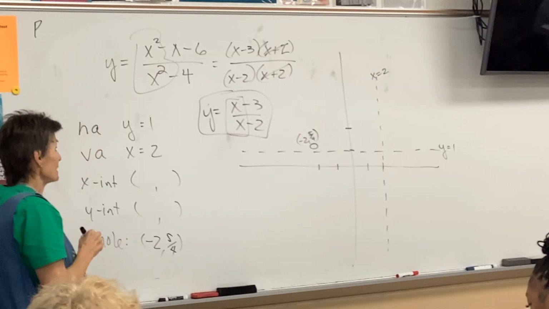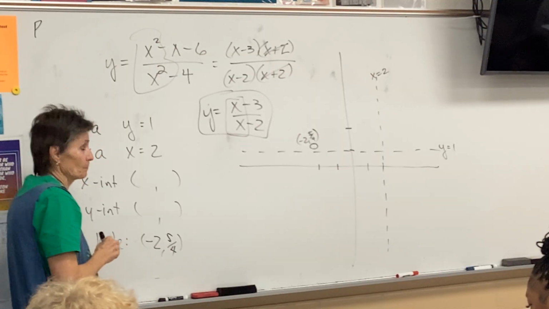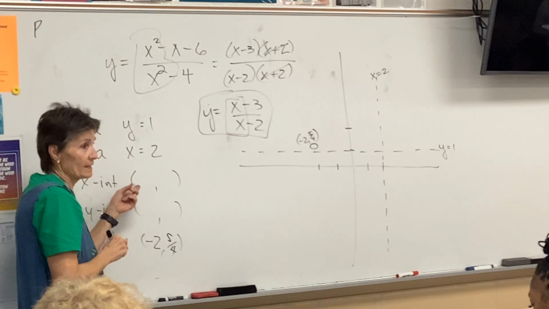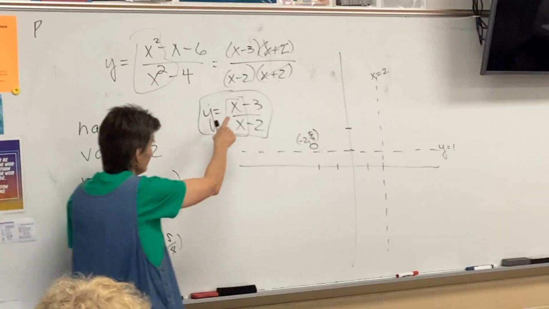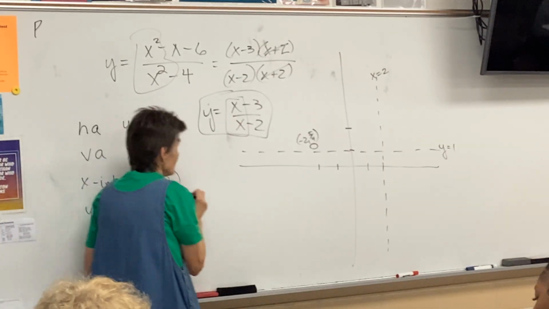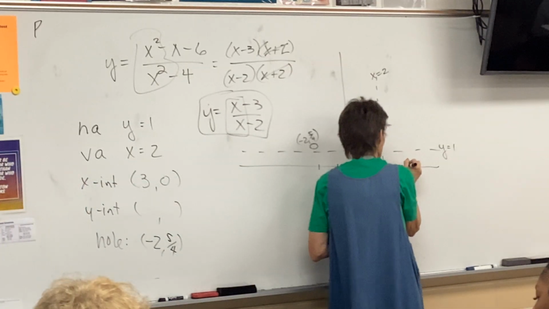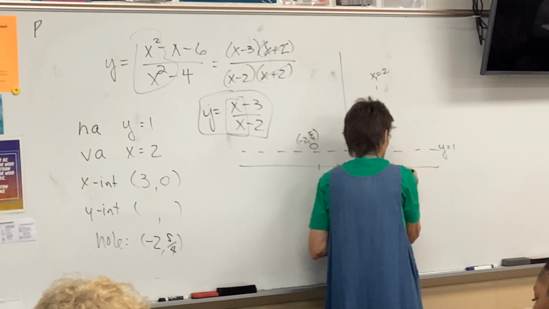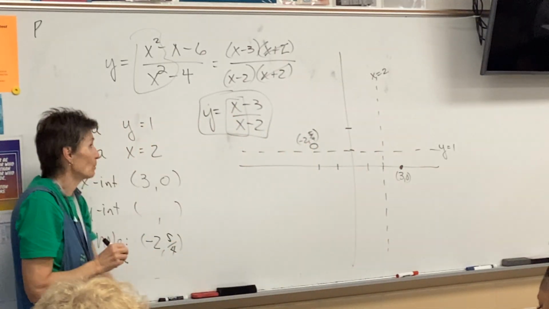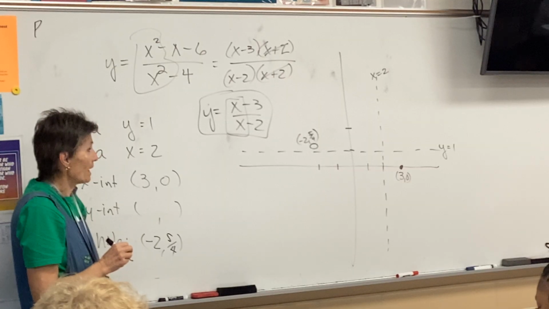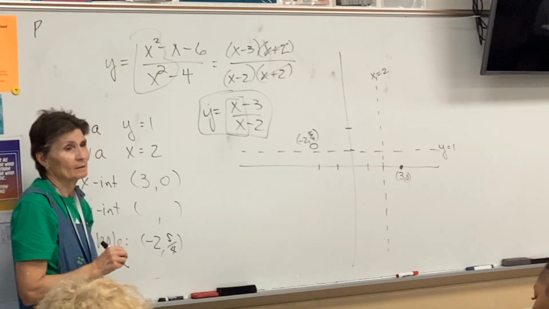All right, now what about my intercepts? X is easy. Where does it come from? The numerator. So my x-intercept is going to be at 3, comma 0. Directly from the numerator. And then how do I get my y-intercept?